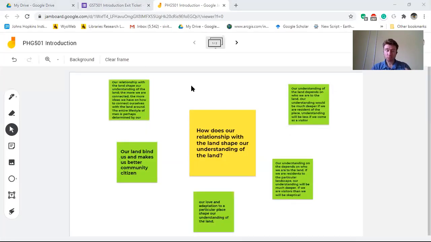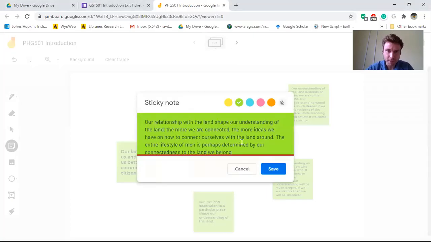Wonderful. I think we have a lot of ideas on here. Just to look at those first ones. Our relationship with the land shapes our understanding of the land. The more we are connected, the more ideas we have on how to connect ourselves. The entire lifestyle of men is perhaps determined by our connectedness to the land we belong on.